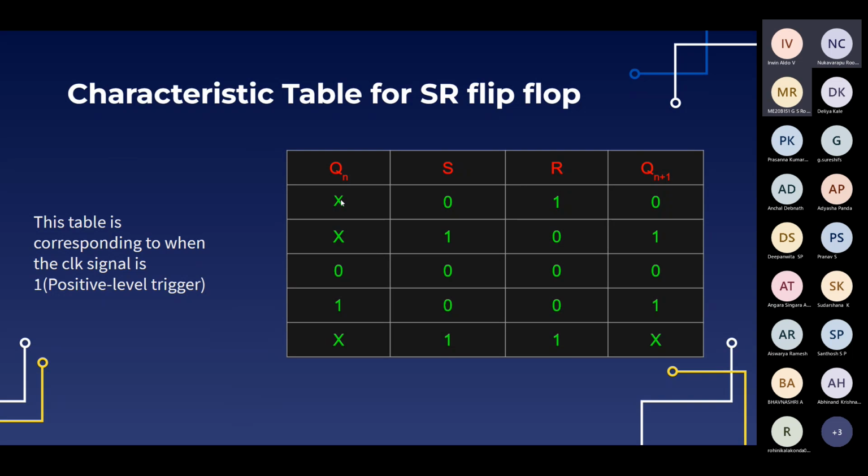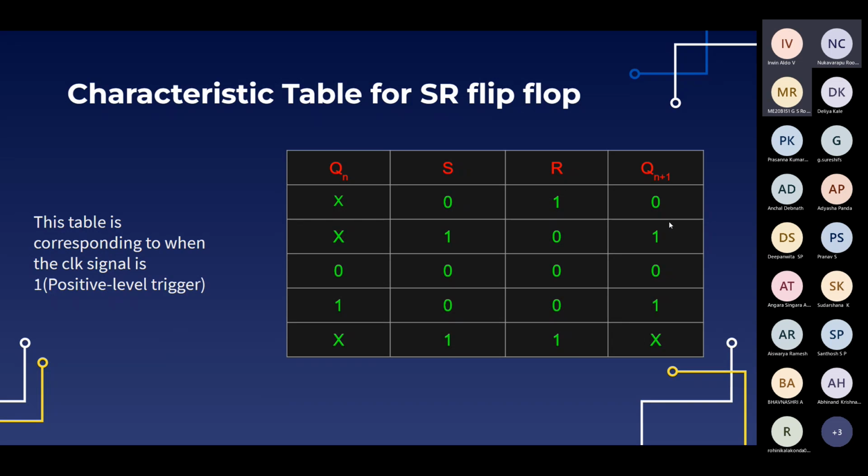And in this case, the X represents that whatever the value, it does not matter, right? Whether Q is 1 or Q is 0, if S is equal to 0 and R is equal to 1, the output will be directly 0.